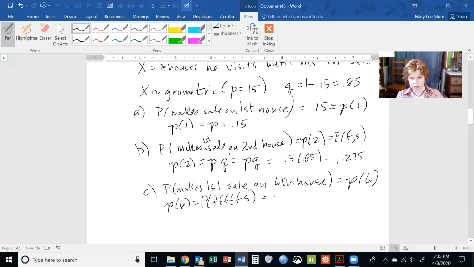By the rule, this is P times Q to the 5th, so I've got my 1 success and 5 failures. This is 0.15 times 0.85 to the 5th power, which equals 0.067.